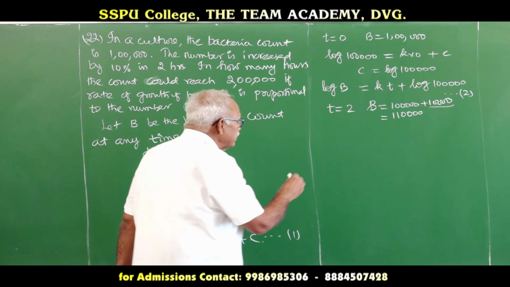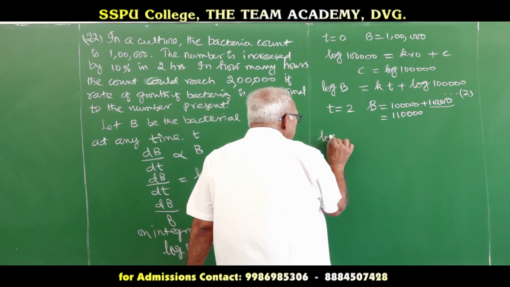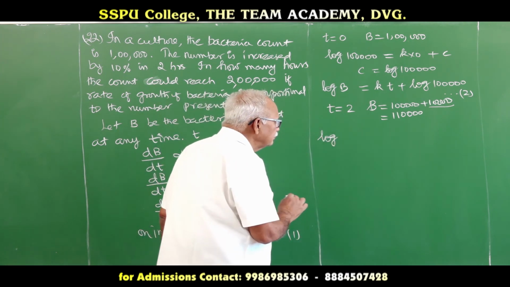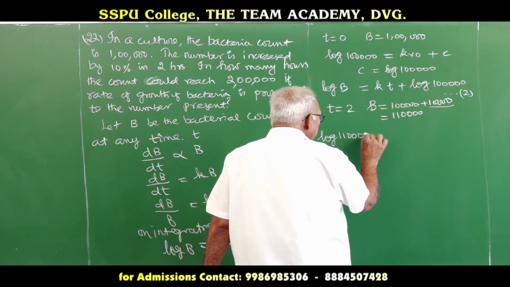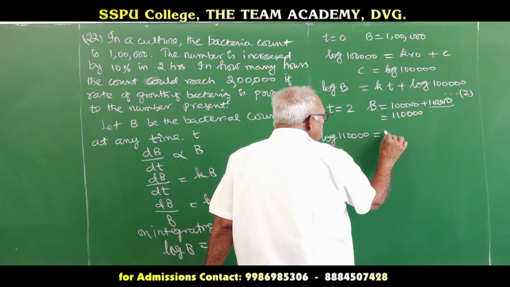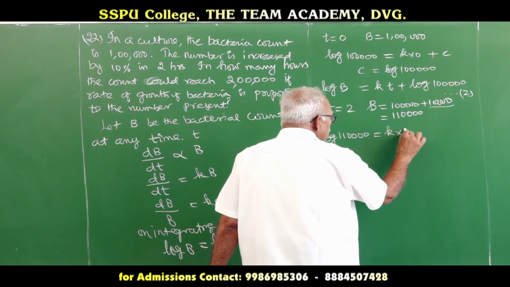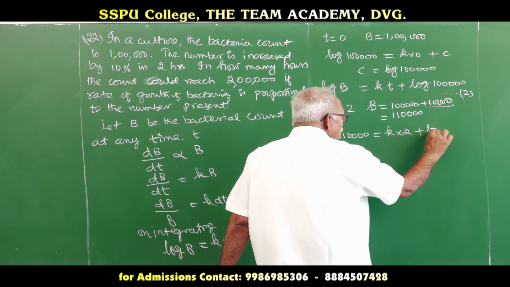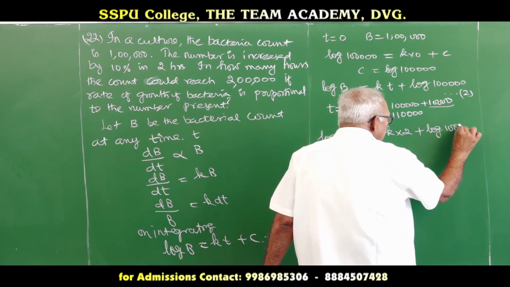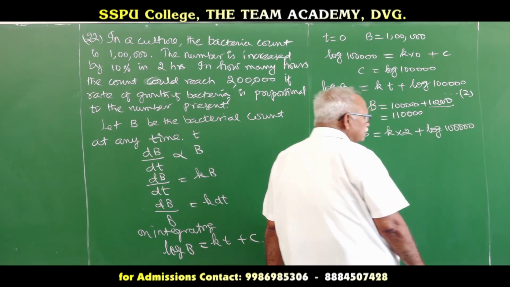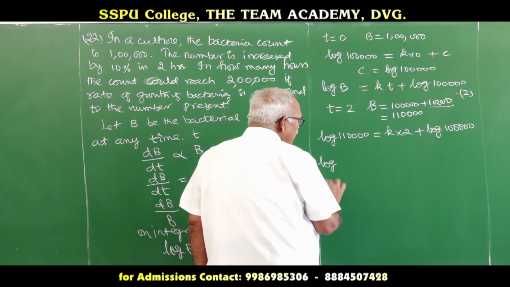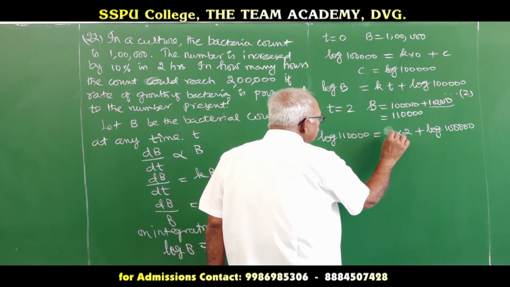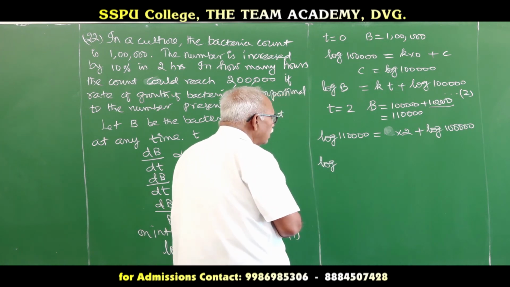Now use this in equation 2, we get log of 110,000 equals k into 2 plus log 1 lakh. Now you see we can calculate t into 2 into k.